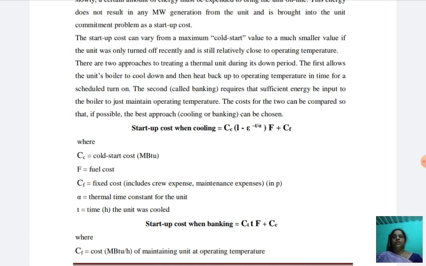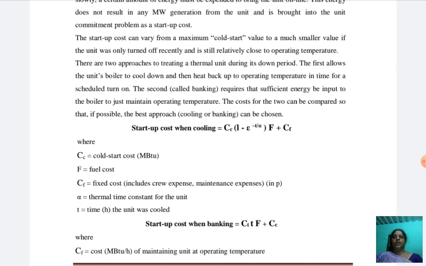How to calculate the startup cost when cooling? The formula is Cc (1 - ε^(-T/α)) + Cf, where Cc is the cold start cost. So the startup cost can vary from a maximum cold start cost to a much smaller value if the unit was only turned off recently and it's still relatively close to operating temperature.